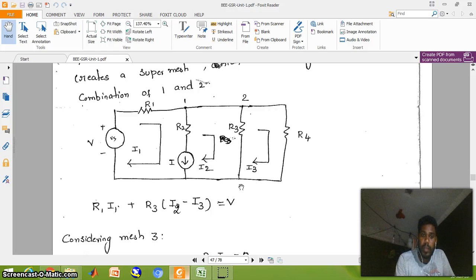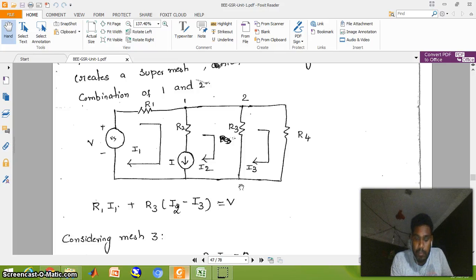Next assume the loop currents. Loop 1 current is I1, direction is taken as clockwise. Next loop 2 current is taken as I2, direction is taken as clockwise. Next loop 3 current is taken as I3.